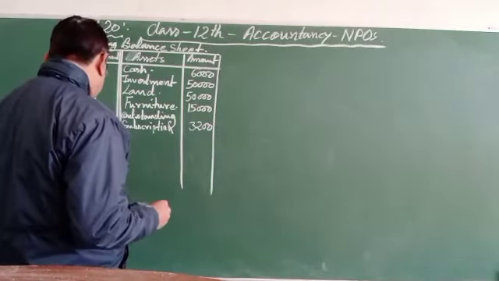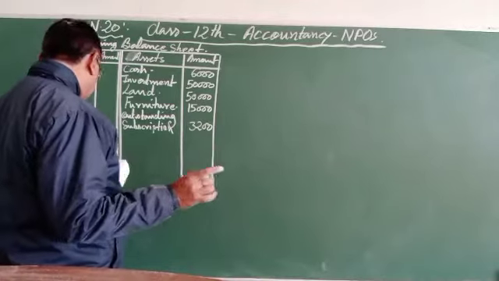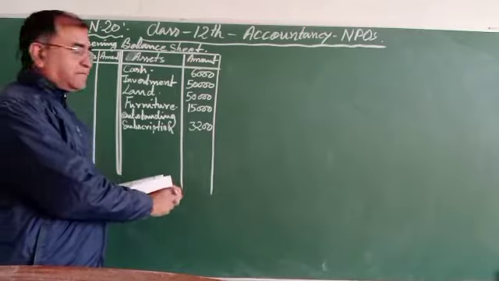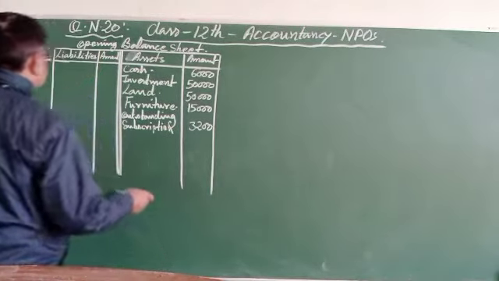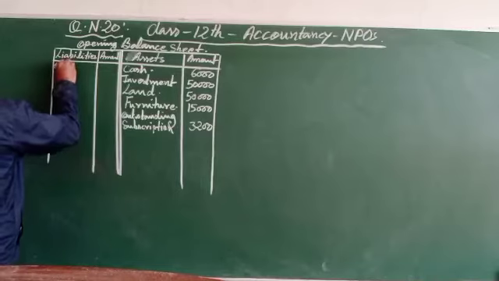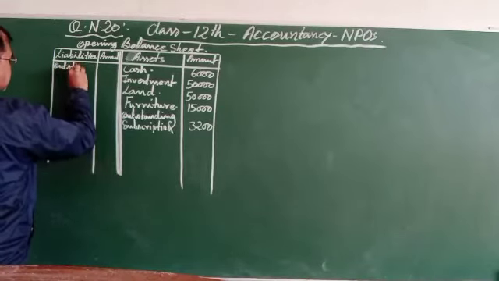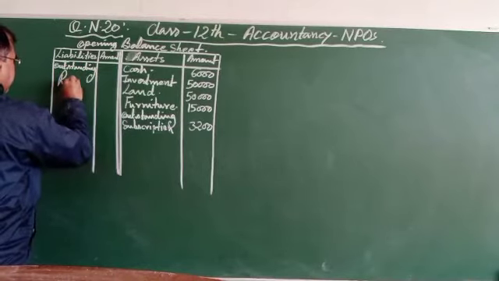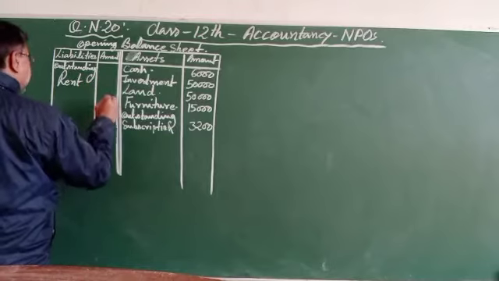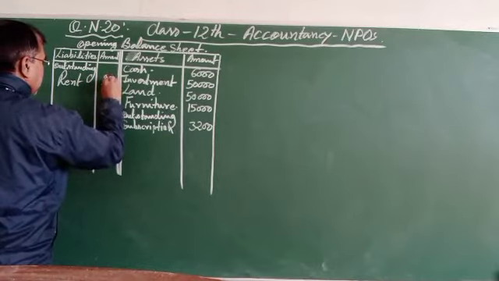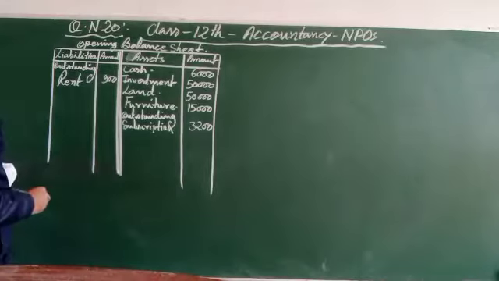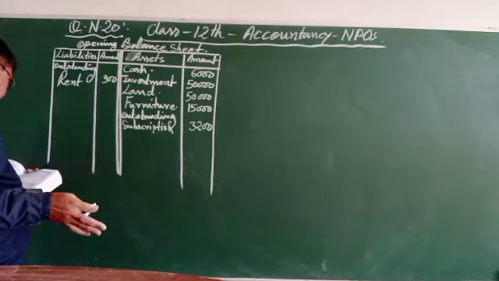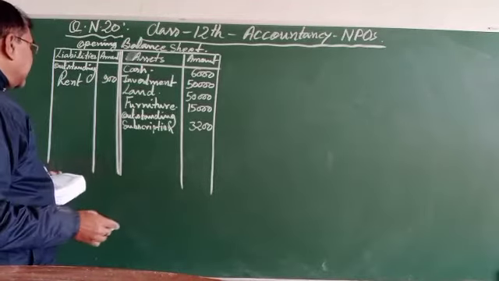Rent includes 900 paid for the last year, and the outstanding expenses will be a liability. So outstanding rent in the liability column is 900. The outstanding of the current year, let it go, this one is the current year. So just the balancing figure.